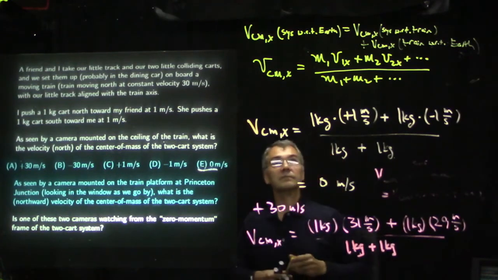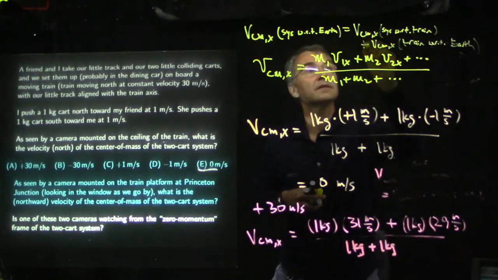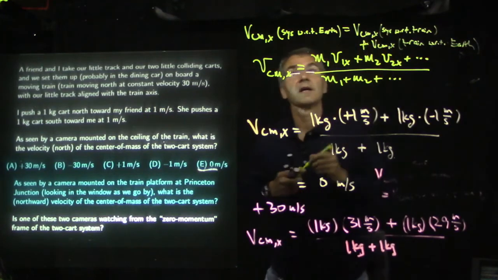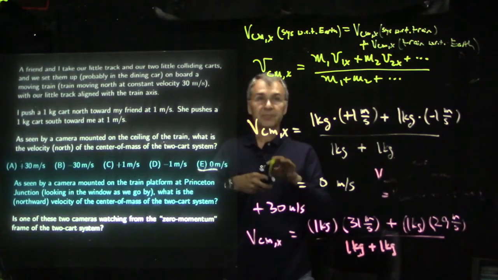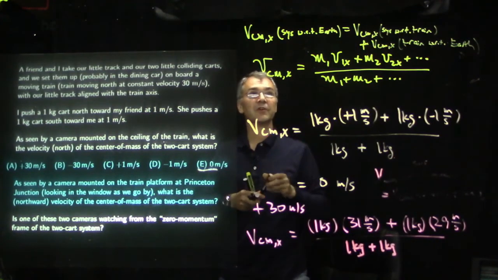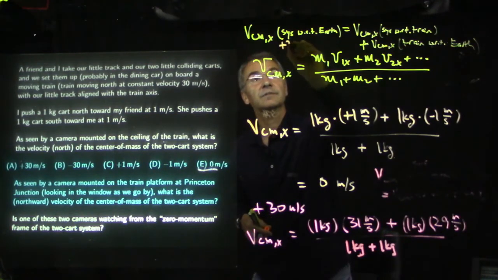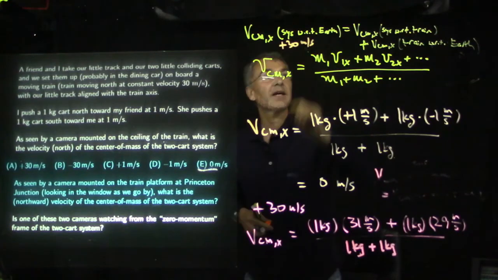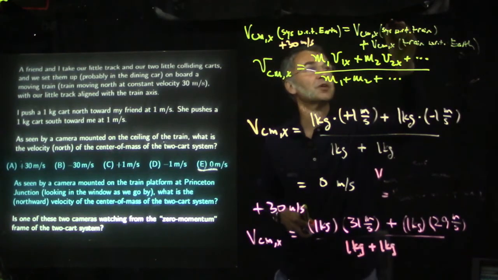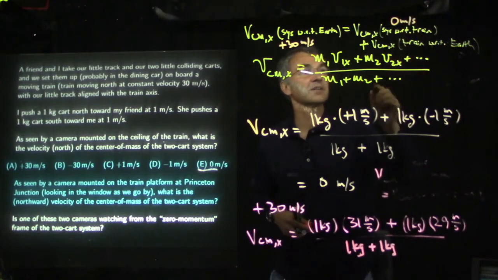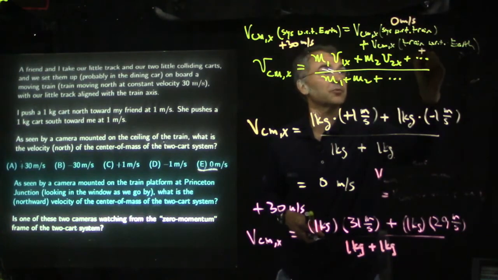So the system with respect to Earth is this plus 30 meters per second. And the system with respect to the train was 0 meters per second, and then the train with respect to Earth was plus 30 meters per second.